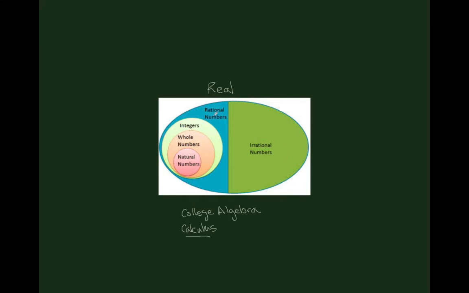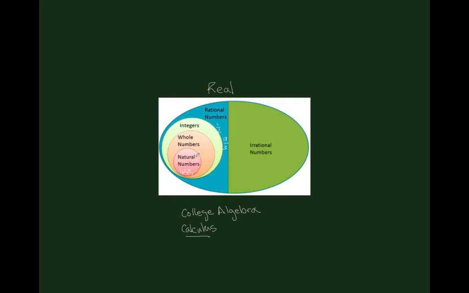And so here we have all the rational numbers. These are numbers that can be written as fractions, like 1/2, 10/3, and so forth. Integers, it might actually be easier to start on the inside here. These are the natural numbers, sometimes called the counting numbers, like 1, 2, 3, 4, out to infinity.